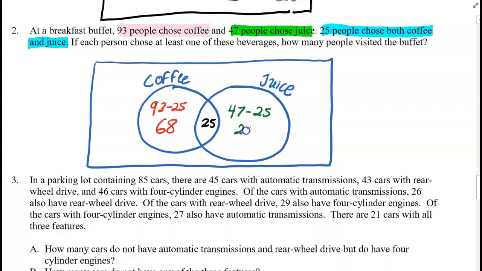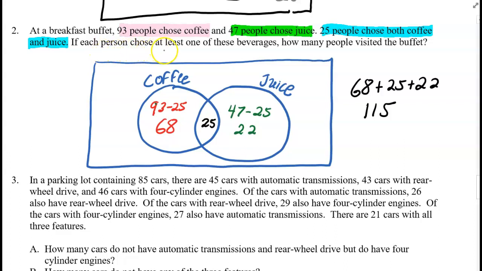That is 22. And now I'm going to add up the numbers. So we have 68, 25, and 22. That's 115. So right now, that means 115 people ordered coffee or juice.